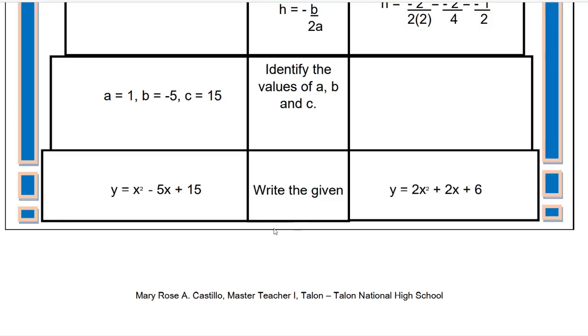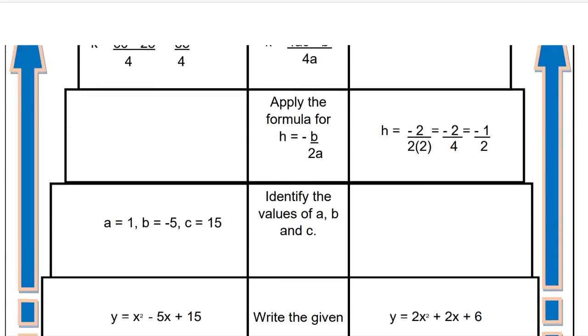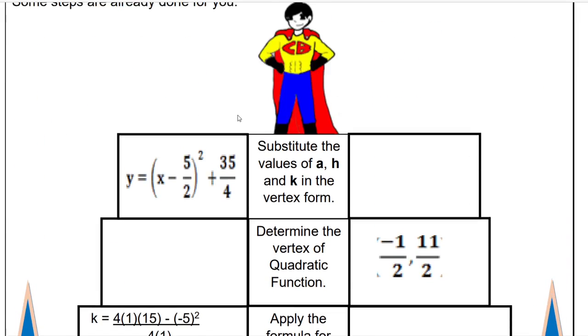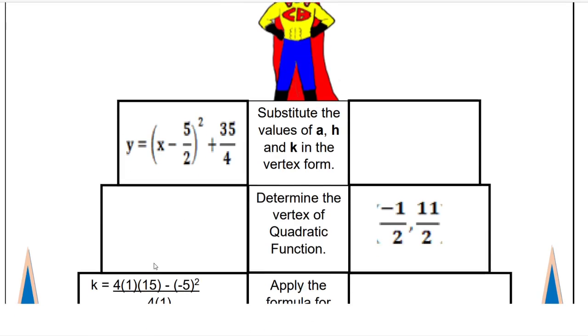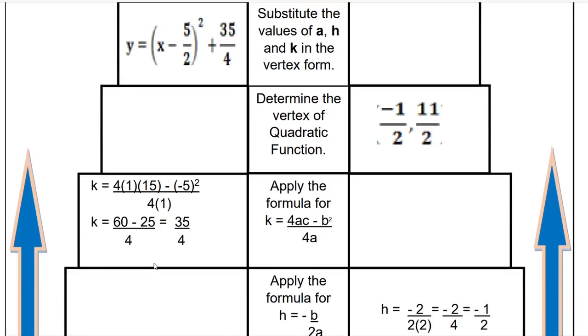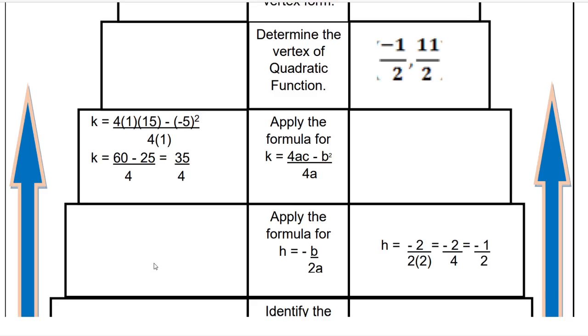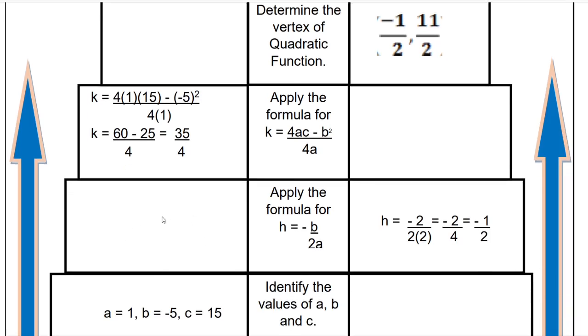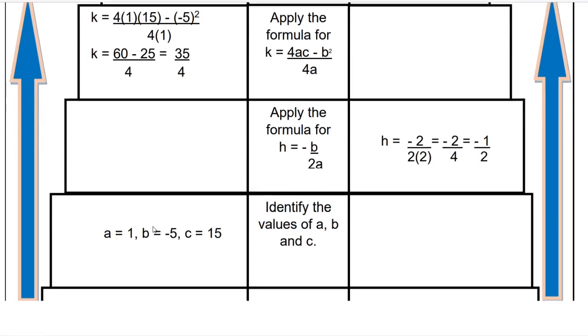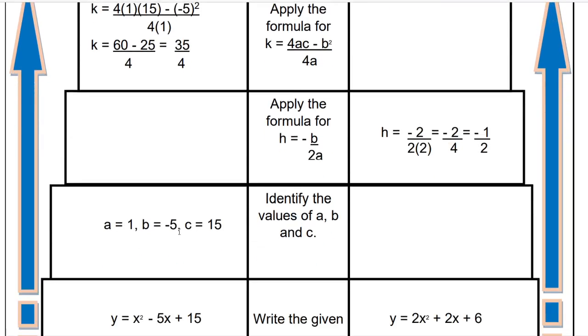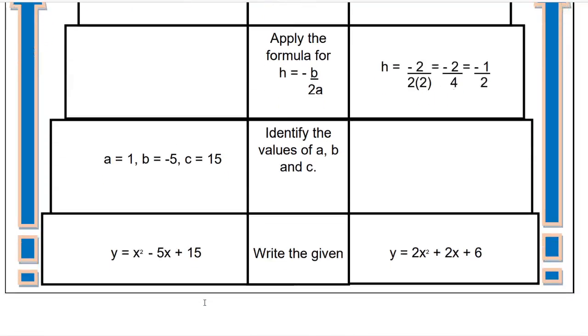So writing the given, this is the given. So you're going to write here. So this one, you have to write the vertex here. What are the vertex? And then give the value of H here. And then find the value of A, B, since you have already A, B, C, then you have the equation.